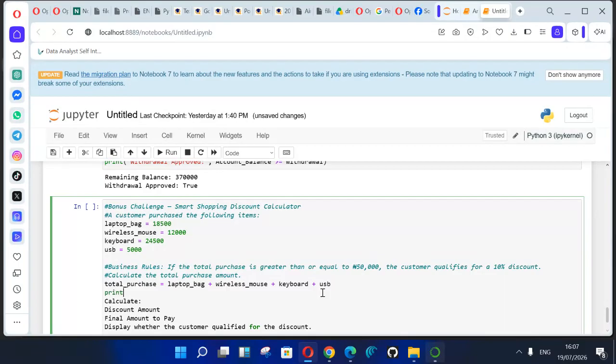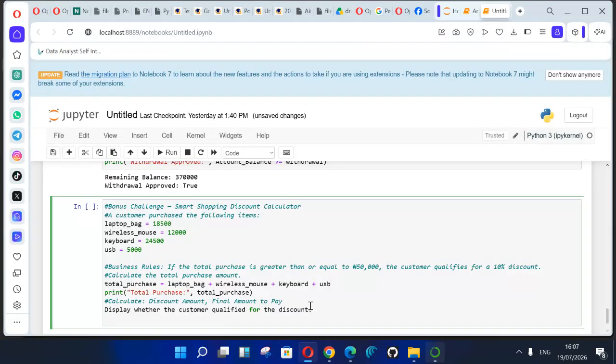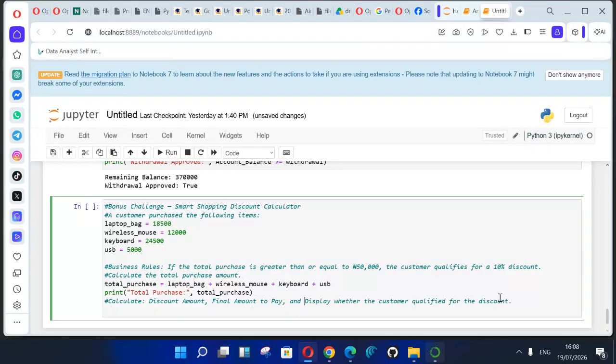Now let's print total purchase. Calculate the discounts, final amounts, and display whether they qualify for discounts.